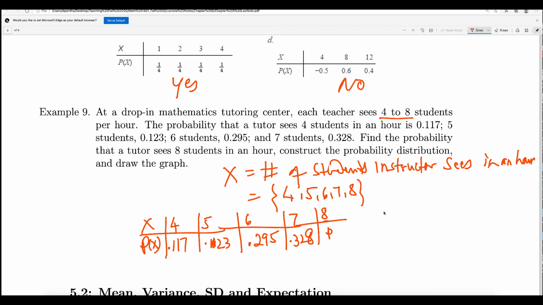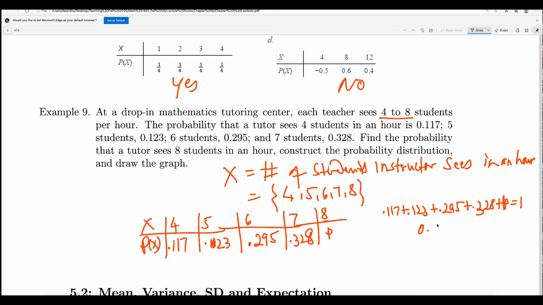So 0.117 plus 0.123 plus 0.295 plus 0.328 plus p must be 1, right? I'm assuming that the missing probability is p. Now you need to add all these values on the left side. The sum on the left side is basically 0.863.